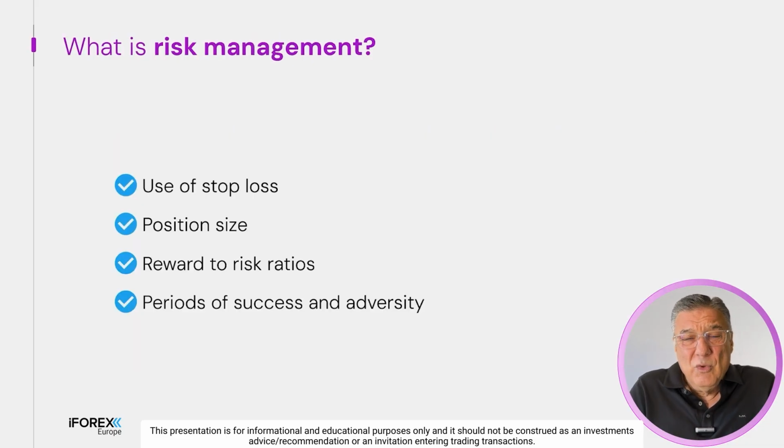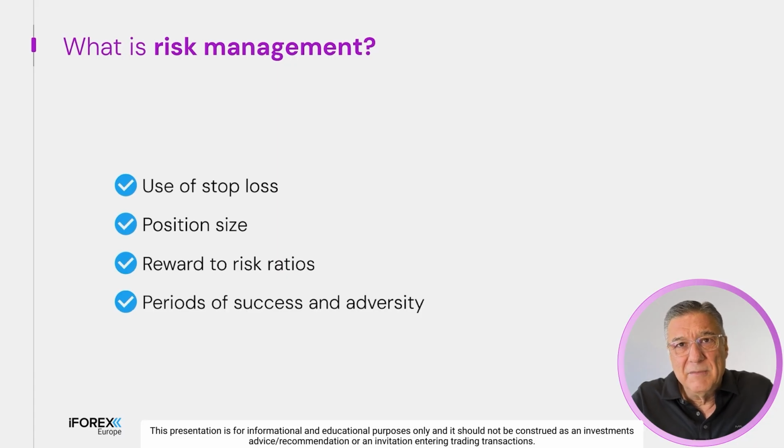So we need to place a stop loss, a protective stop loss. This is our risk management rules. We need to calculate our position size based on our profile. We need to know our reward to risk ratios or risk to reward.